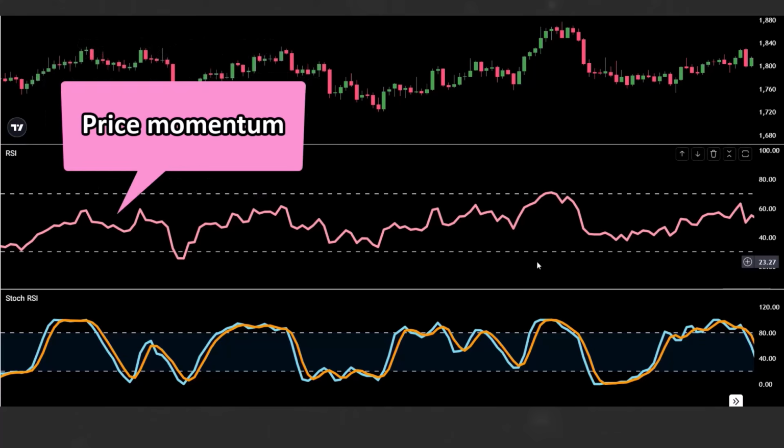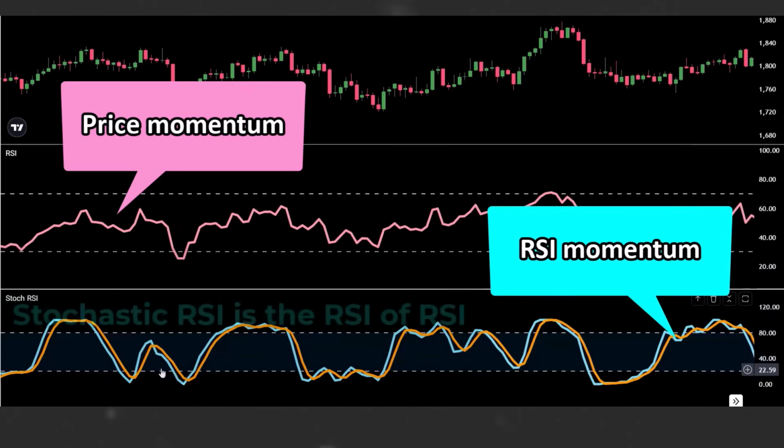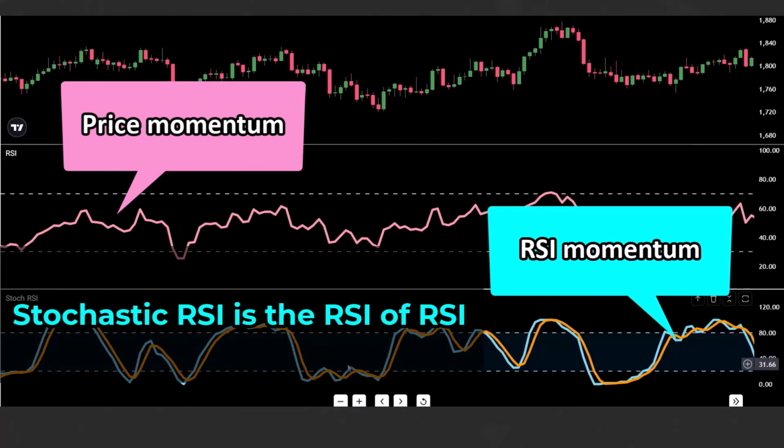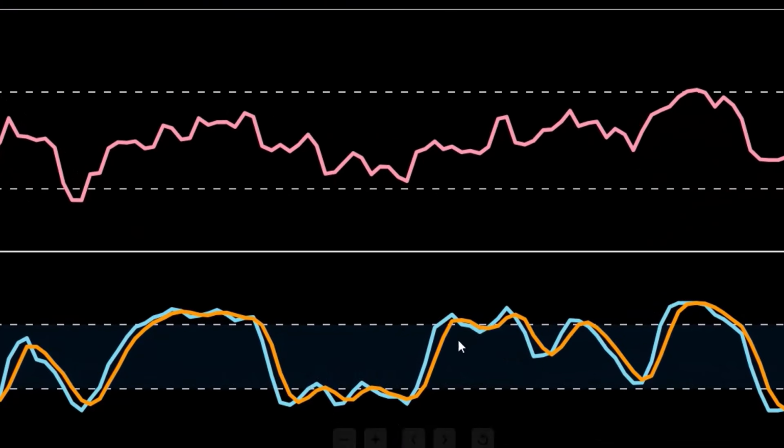In simple words, RSI tells us about price movement. Stochastic RSI tells us about RSI, or even more simply, stochastic RSI is the RSI of RSI. That's why it moves faster, and that's why it reaches the top and bottom more often. And that's also why many beginners get confused when they first see it. But don't worry, in the next part, I make it very easy to understand.